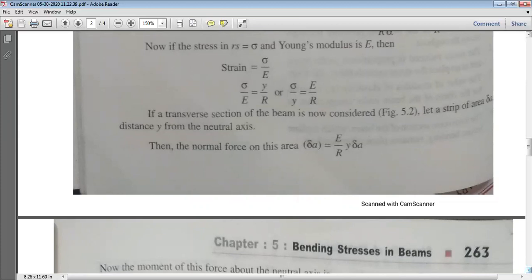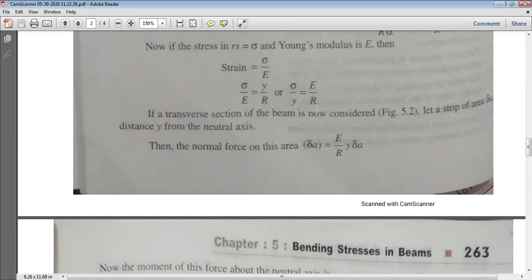So force equals stress multiplied by area. Here we'll put stress sigma; we can conclude sigma equals E by R into Y.